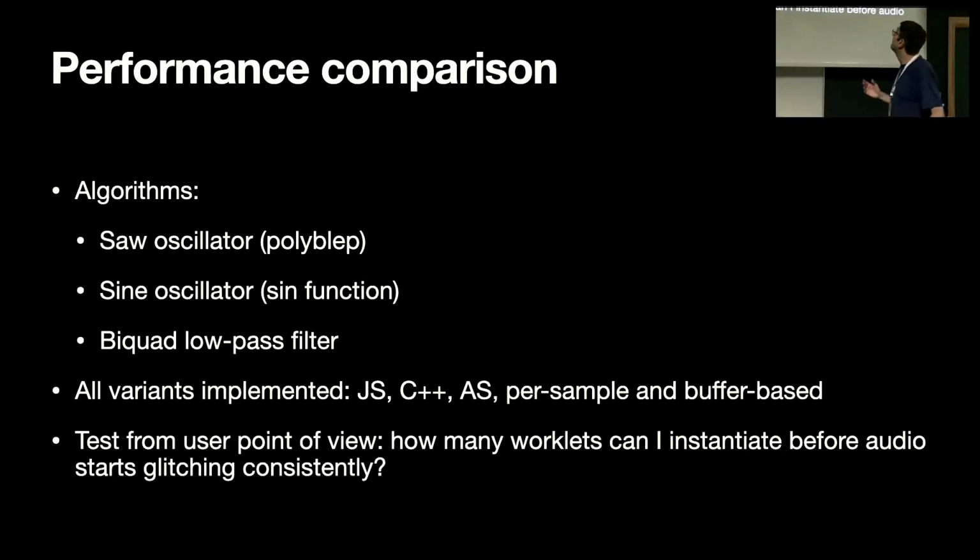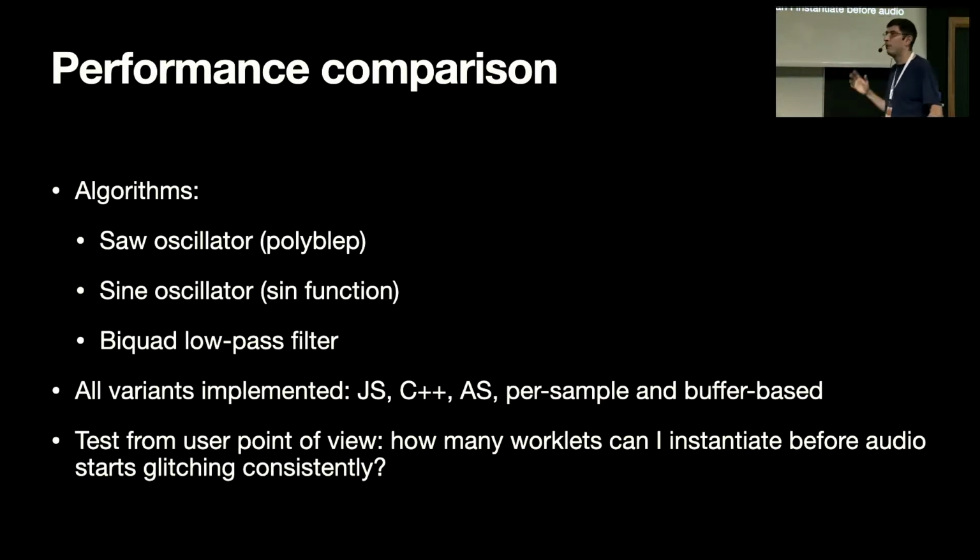Here I implemented three algorithms. The saw oscillator is the one I've been showing with the examples. Then the sine oscillator was inspired by a comment in one post by Paul Adenot about the sine oscillator being implemented using the sine function in Firefox. So this looked like low-hanging fruit for doing something that you can compare to native.